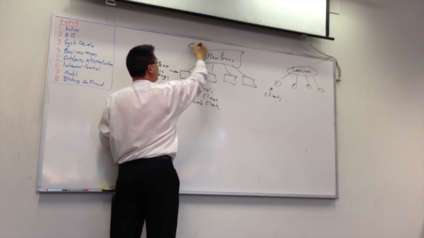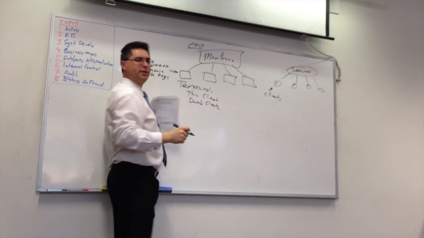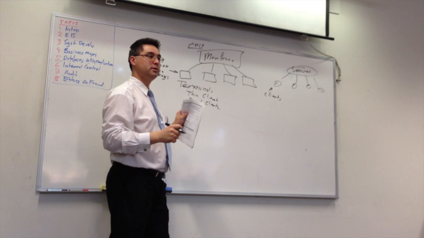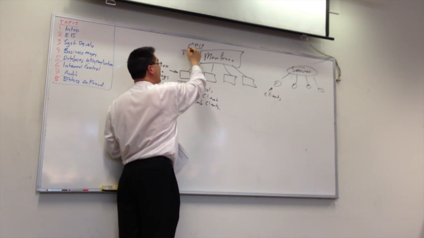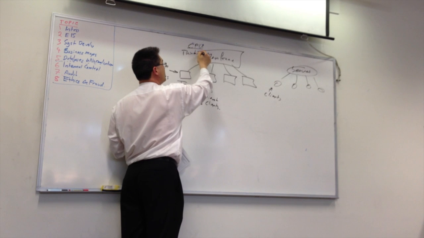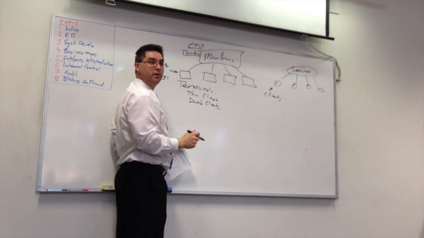But the CPU, you guys know what a CPU is? Yeah. What is it? Central Processing Unit. Yep. The CPU, the memory, all the thinking part was done up there.